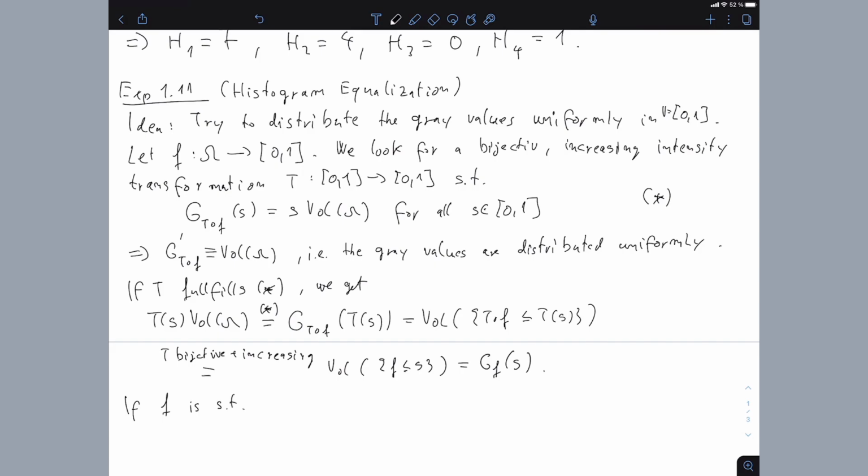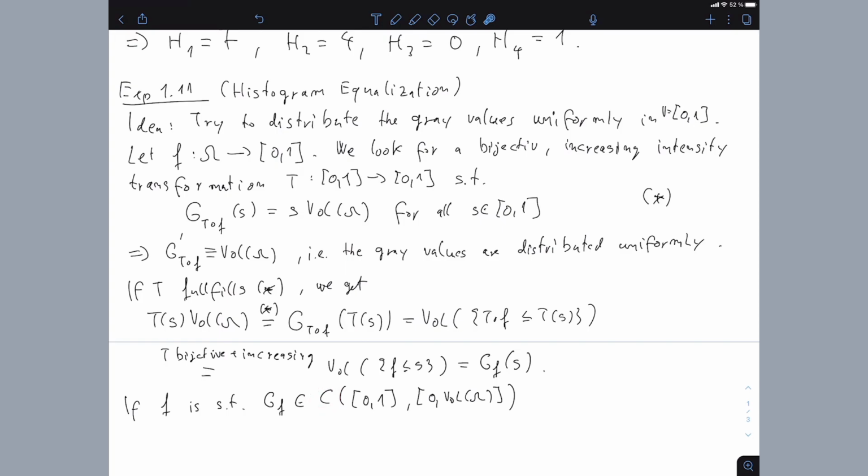This is S such that GF itself is a continuous mapping from 0, 1 to 0, volume of omega. Yeah, so this continuity is something that we get to assume. So for pixelated images, it is certainly not true.